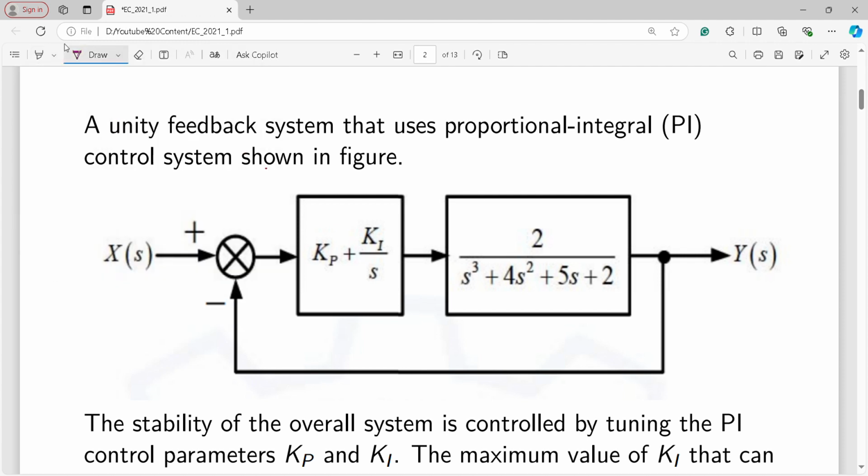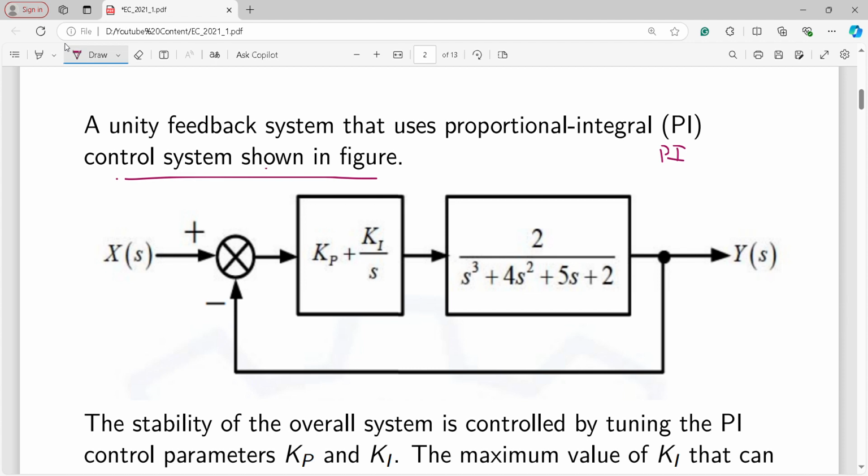So here let me state the question. The unity feedback system that uses a proportional integral control system is shown in the figure. The proportional integral controller is generally called the PI controller.